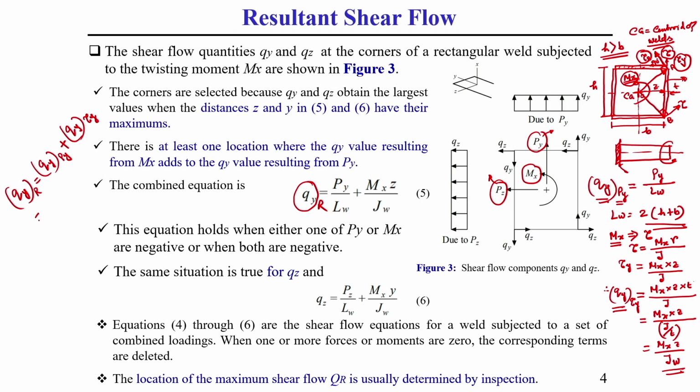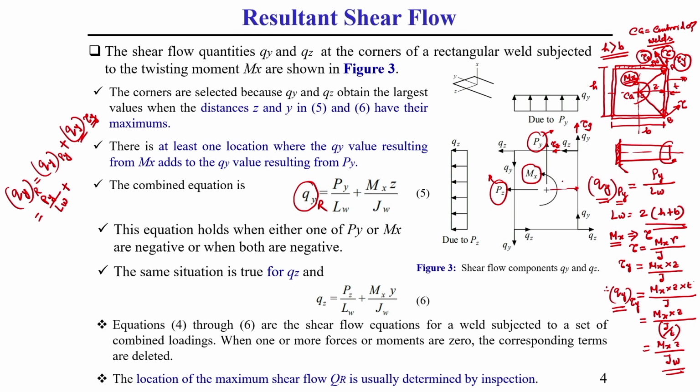So, you can write this as Py divided by Lw, where Lw means total weld length, plus the Qy due to the tau y component. Here tau y is in this direction and this other direction is tau z, so we need to take this perpendicular distance.